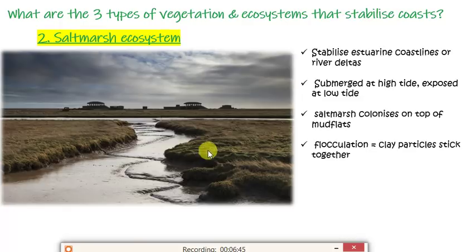So salt marsh, like you can see in the photograph, stabilises estuarine environments, or as well river deltas. The vegetation tends to be submerged, so it'll be partially covered or completely covered at high tide, and then when the tide goes out, like you see in the photograph here, it's exposed.